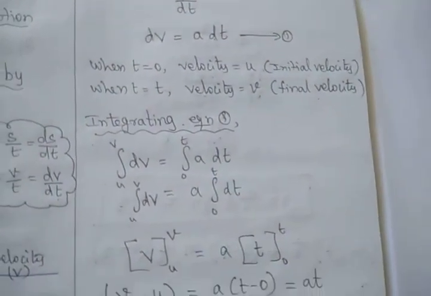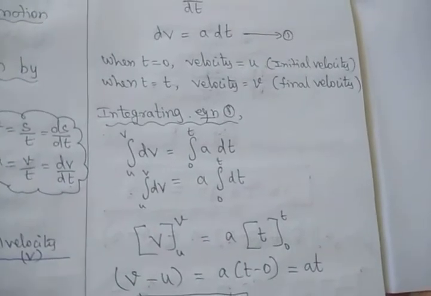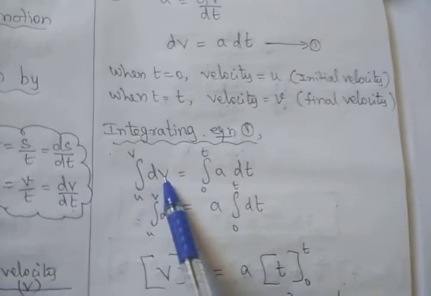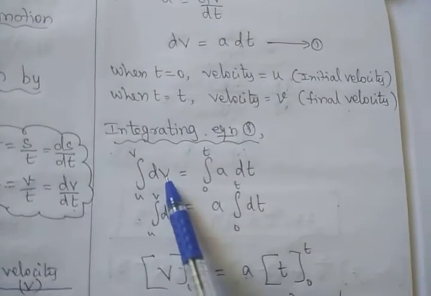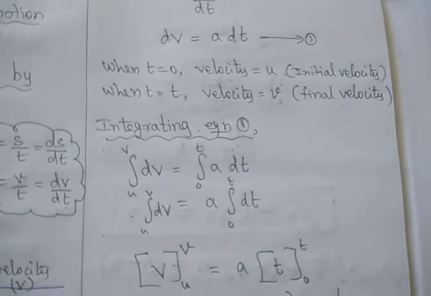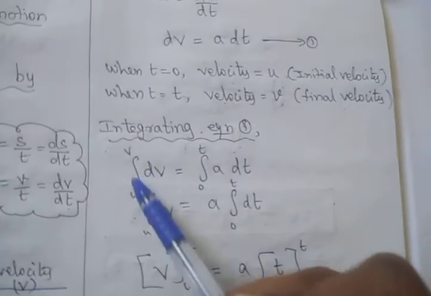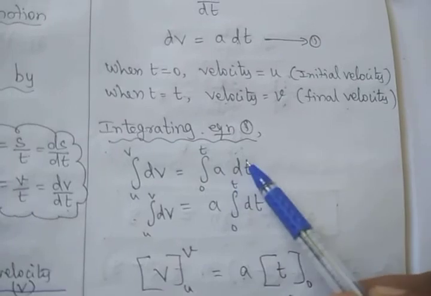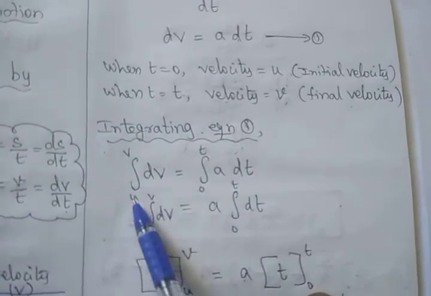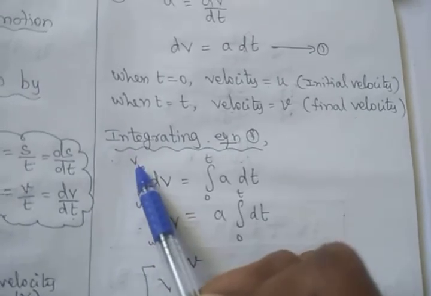Listen students, during integration, you have to see with respect to which variable. Here the integration is with respect to velocity, and this one is with respect to time. So we put velocity terms on the left side and the time term on the right side. For the velocity integration, the initial velocity is u and the final velocity is v.